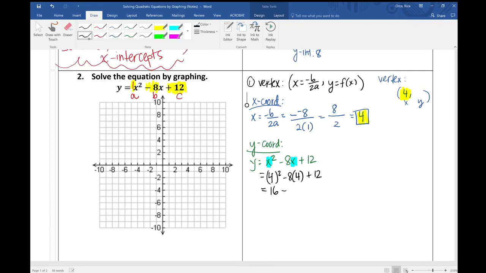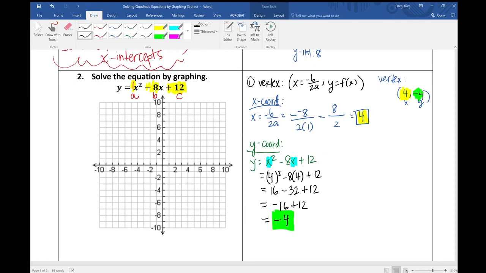Minus 8 times 4 is 32, plus 12. 16 minus 32 is negative 16, plus 12. That's going to give us negative 4. The y-coordinate of our vertex is negative 4.